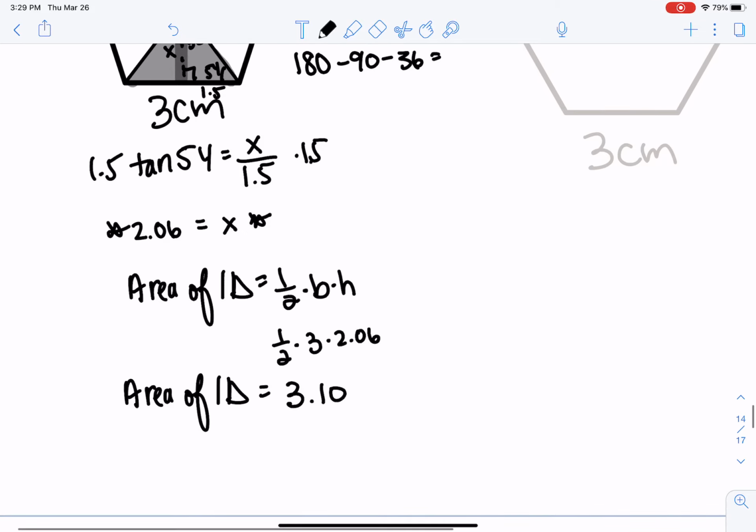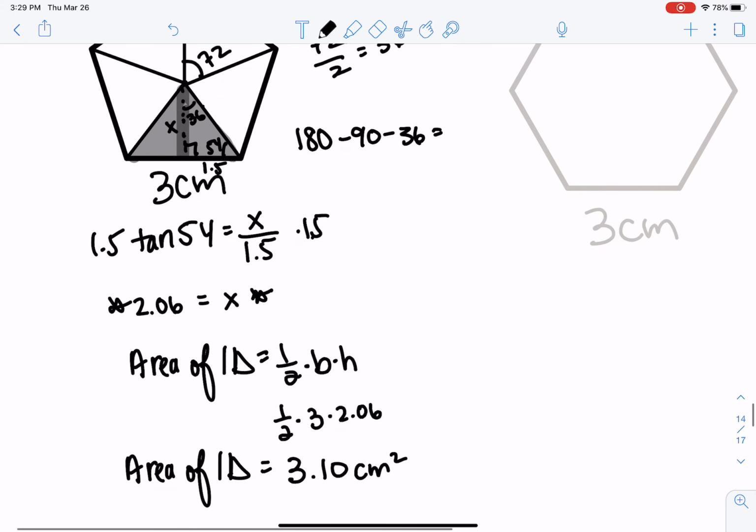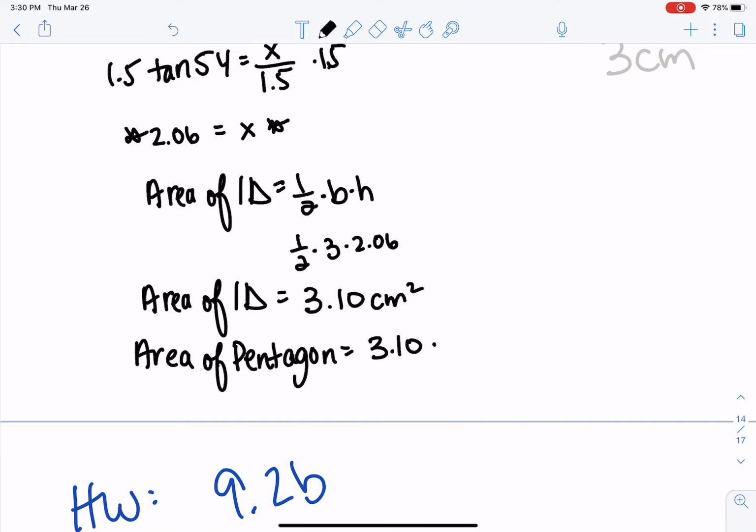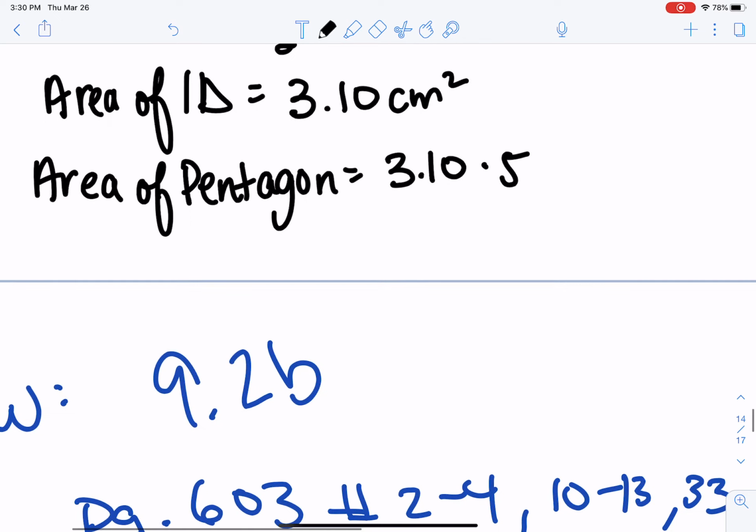And that unit would be centimeters squared. Now, that's just one triangle. A pentagon has 6. So, I'm sorry, 5. A pentagon has 5. So the area of the pentagon is that 3.10 times 5. And I got 15.48 in my calculator.